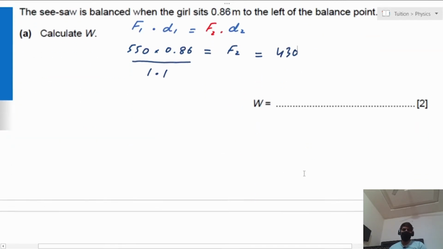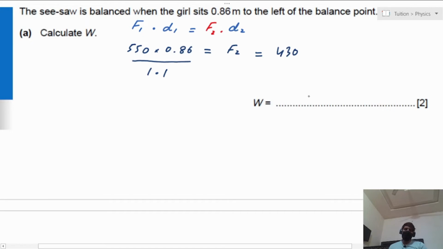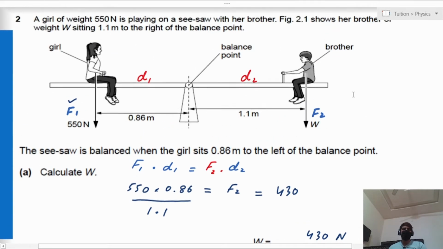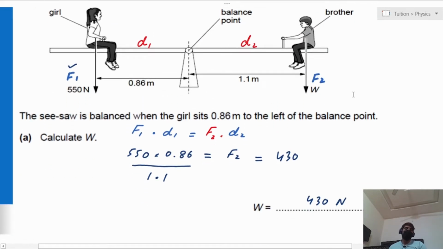Alright, so 430 Newton would be the weight of her brother. So this is how you can find force by using the principle of moment. F1 into D1 equals F2 into D2. A very important one. Sometimes you get a 3 mark, 4 mark question from this concept as well.